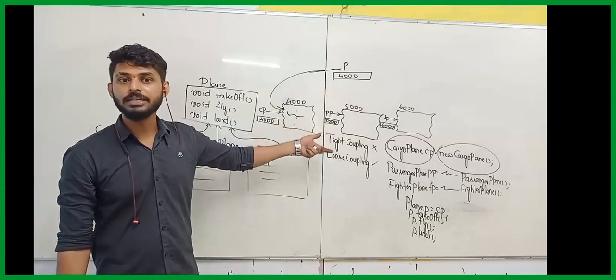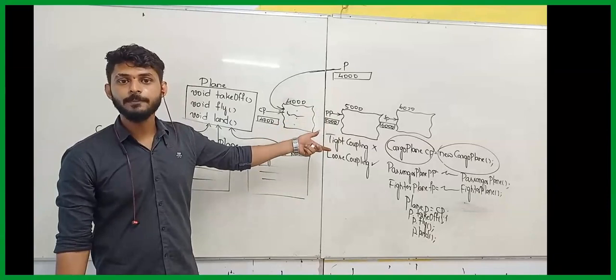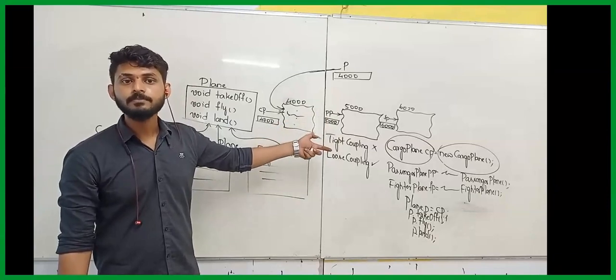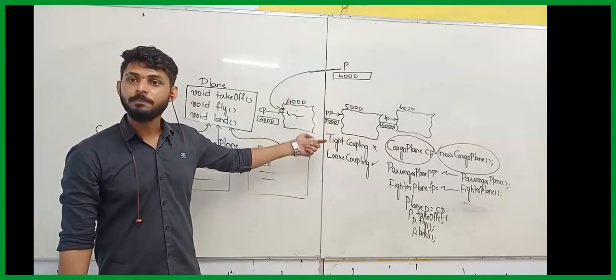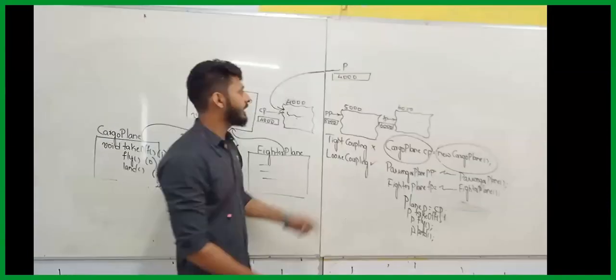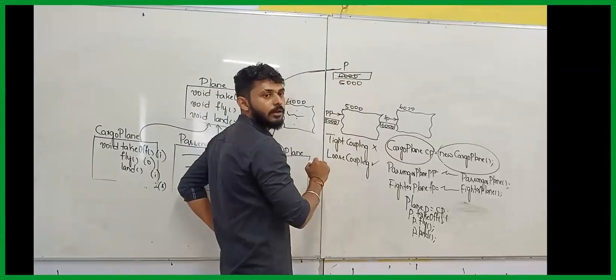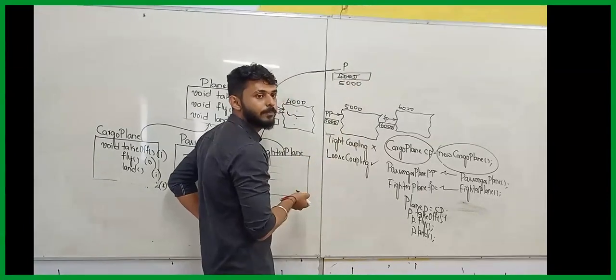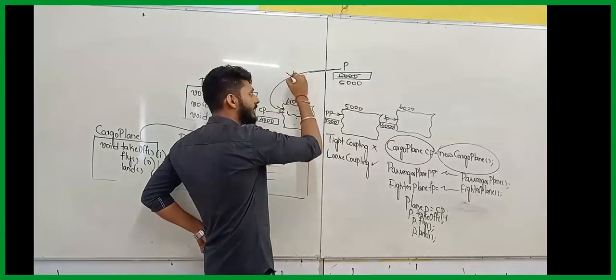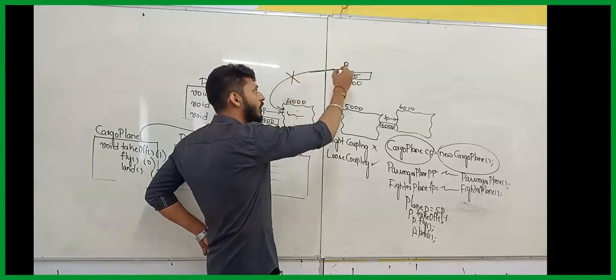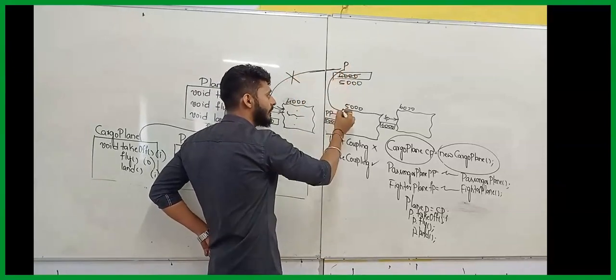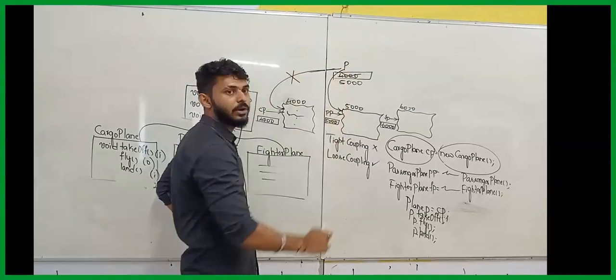With what should I change? With PP's address. 5,000, I want it here. Okay, which means what I'm trying to do, this should get cancelled. I want this P to point to the same place where PP is pointing.